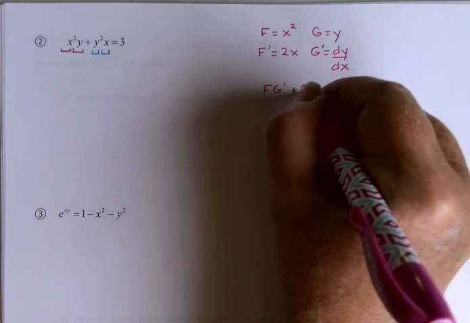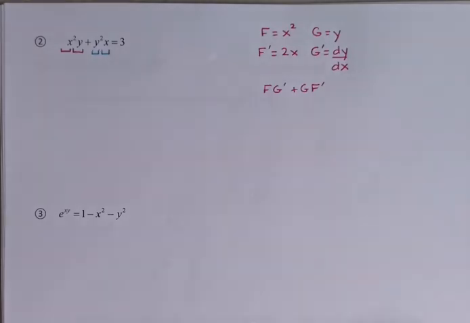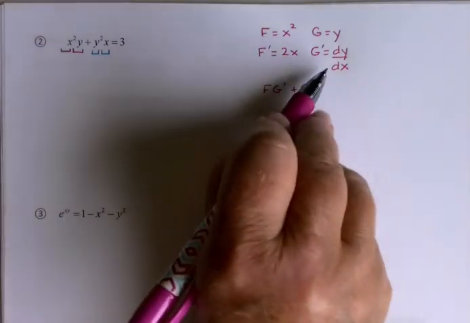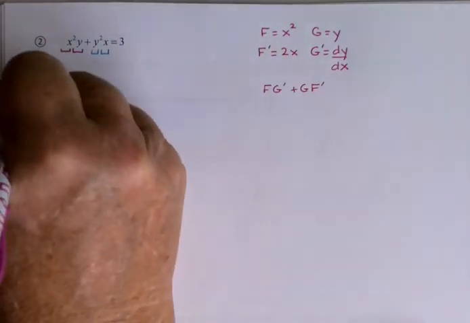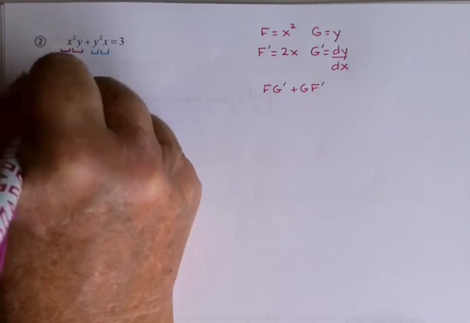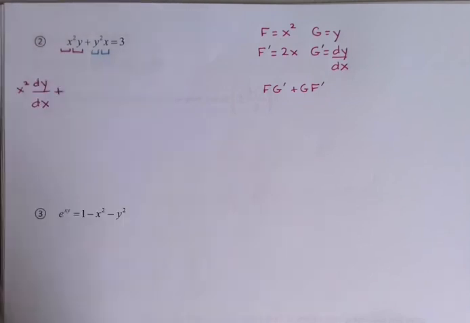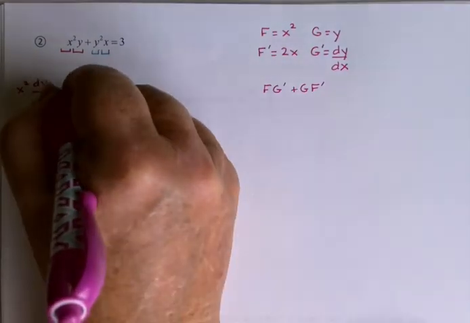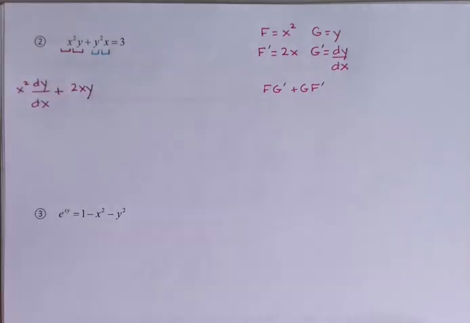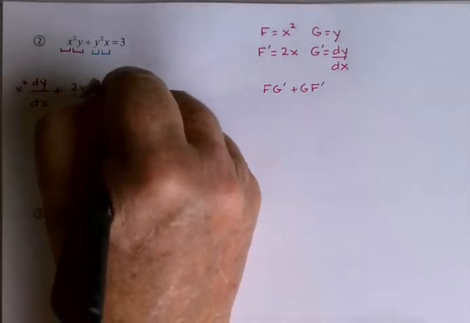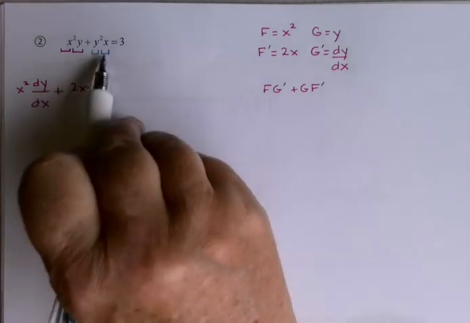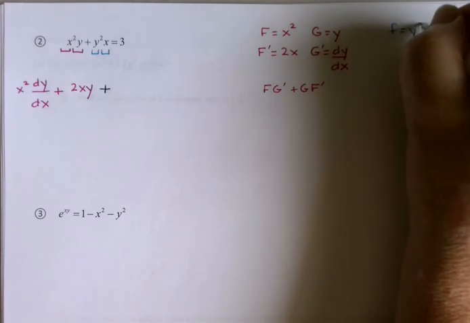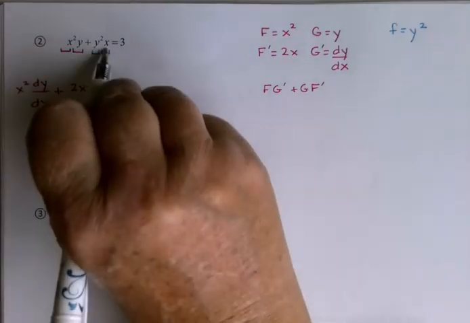So fg prime plus gf prime for my product rule is going to give me x squared times dy dx plus gf prime 2xy. Plus my second product rule. f is going to be y squared, and g is going to be x.